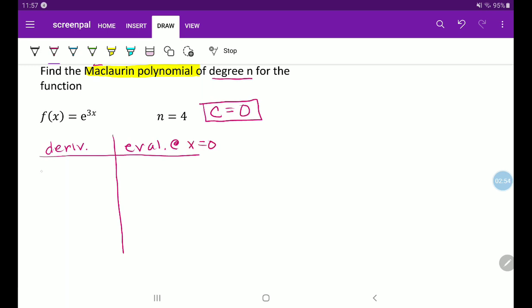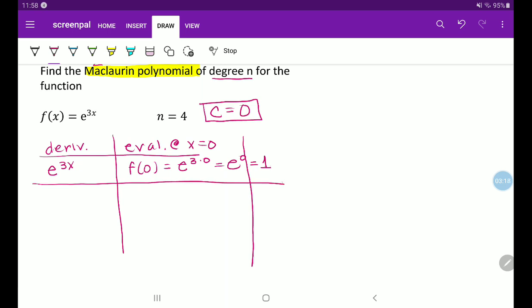All right, so let's start off with the first guy. So we have e to the 3x. Now if I evaluate that at 0, we have e to the 3 times 0, which is really just e to the 0, which, anything to the 0 power is 1. All right, now this was f of 0.